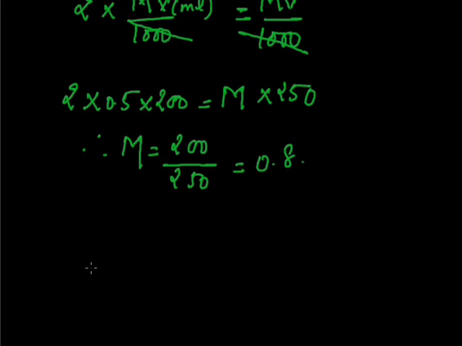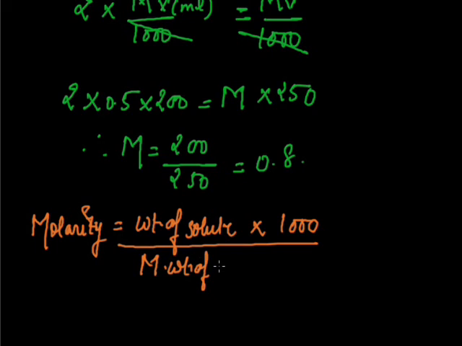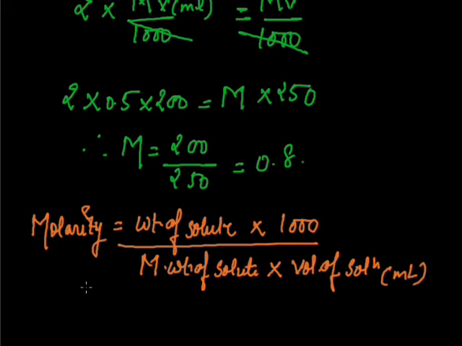Now by using the formula of molarity, we can calculate the weight of the HCl present in the solution. So molarity is equal to weight of solute into 1000 divided by the molecular mass of solute into volume of solution in ml.